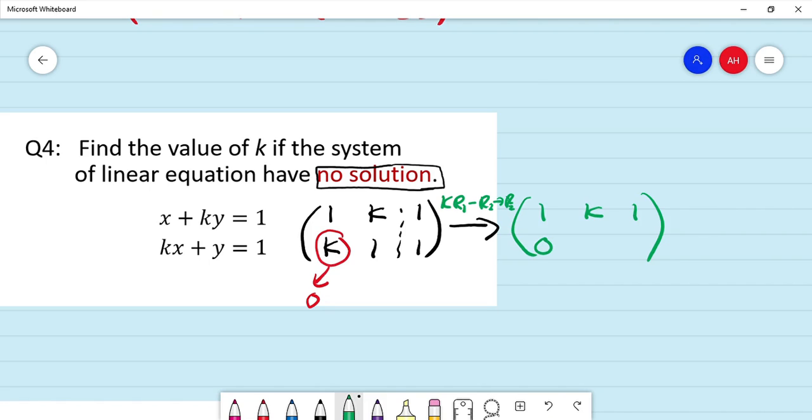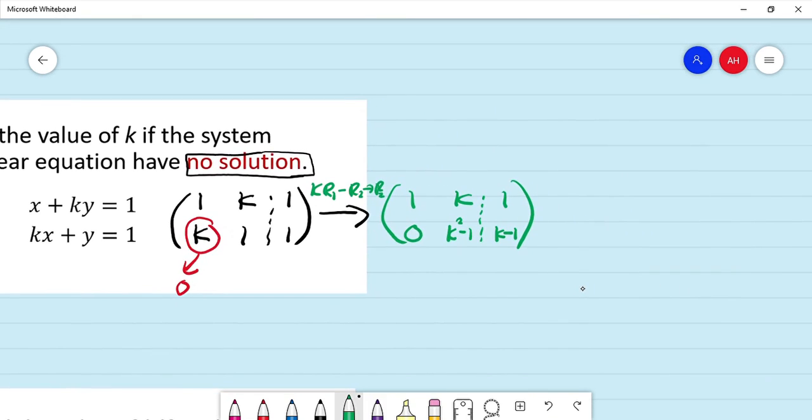This number will be 0 because k minus k. K times k is k squared, minus 1, so we have k squared minus 1 over here. Over there we have k times 1 is k, k minus 1. Alright, that's what we have so far.